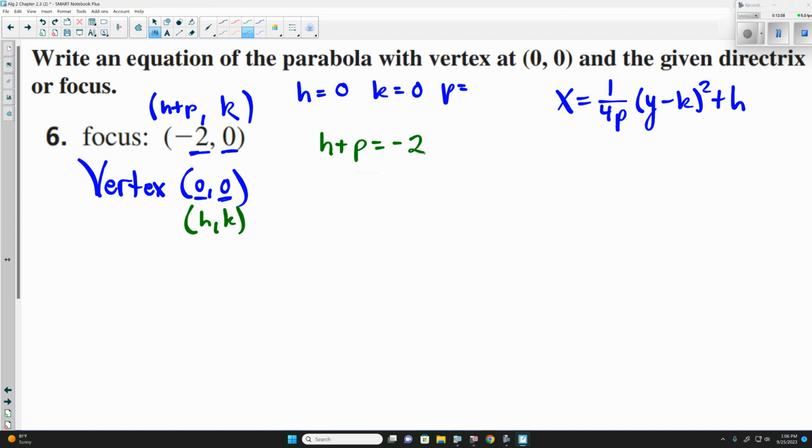We would plug 0 in for h. 0 plus p is the same as just p, and it tells us p is negative 2. And at this point here, we can plug it back in.